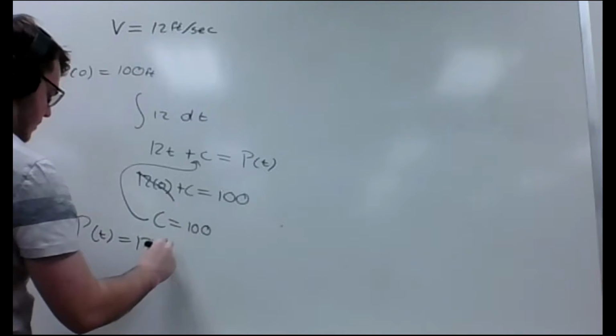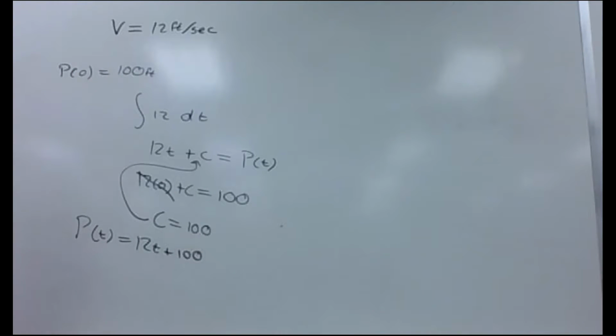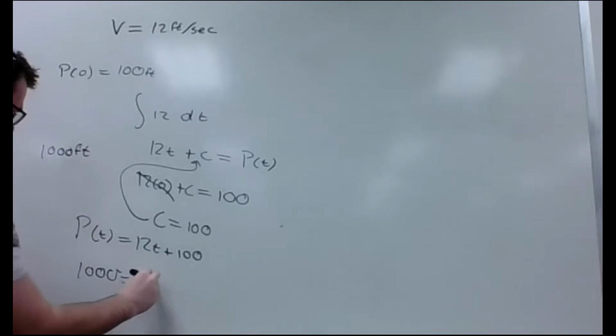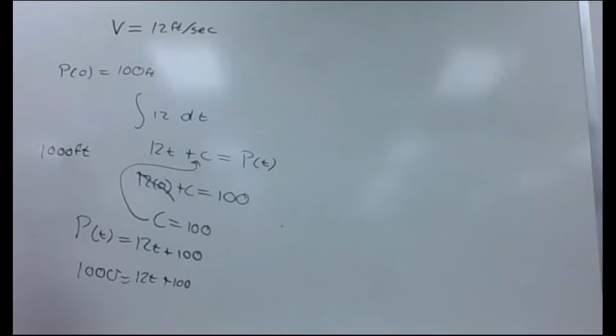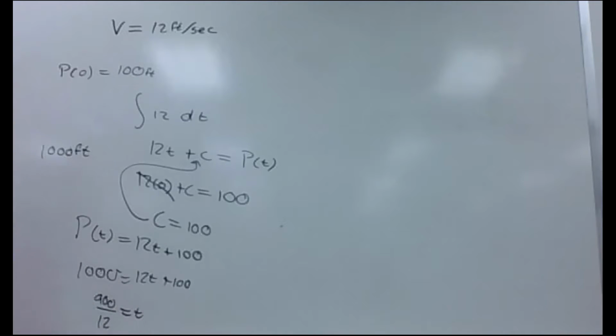If we wanted to take it one step farther, we could say, how long will it take for us to get to 1,000 feet? Then that's just simple. 1,000 equals, plug it in. It'd be 900 divided by 12. That's how long it would take. It's correct, it's just not simplified.